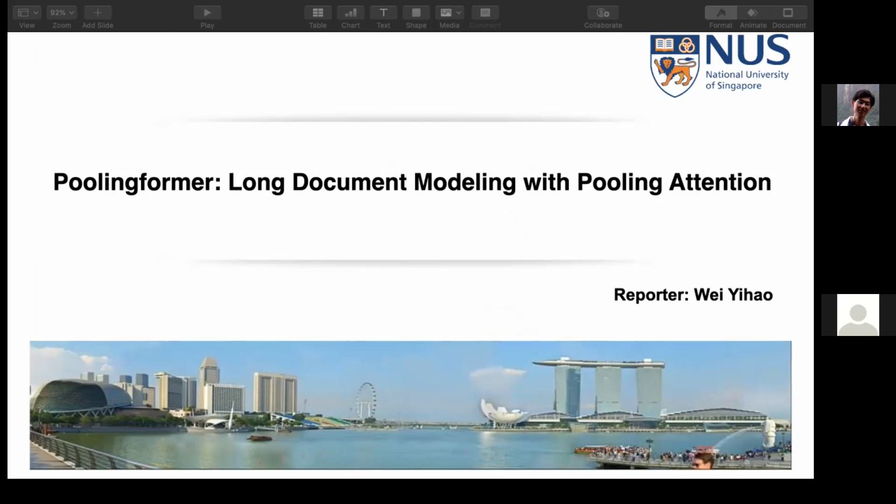It's an improvement on the structure of the transformer to take in longer documents, because previously the transformer can only take in 512 tokens maximum for the input sequences, but this work is able to take longer sentences, like a few thousand tokens.